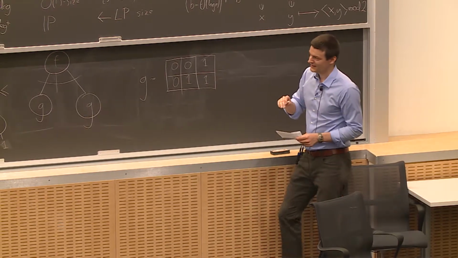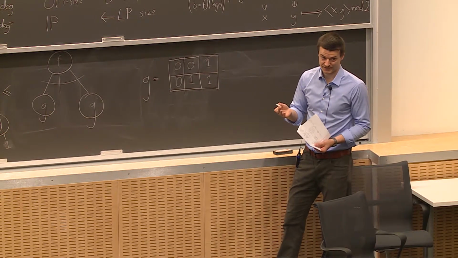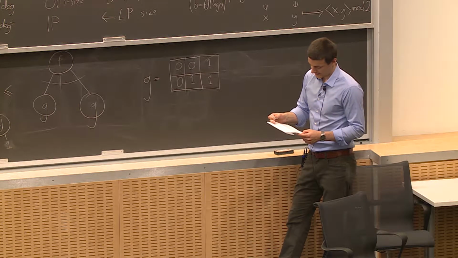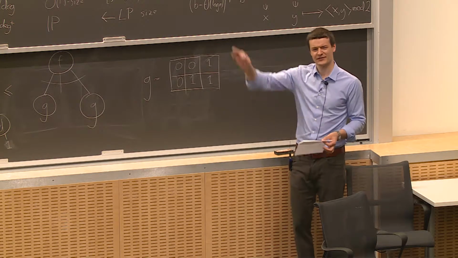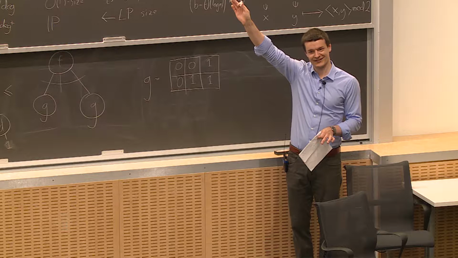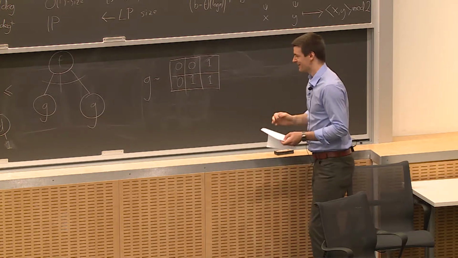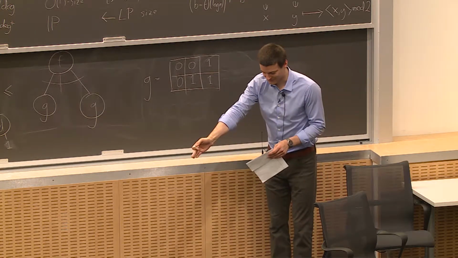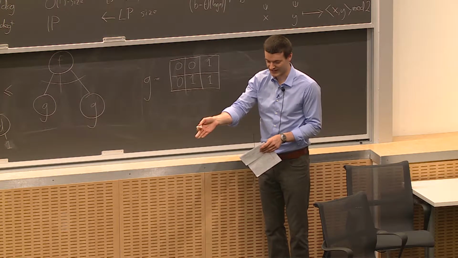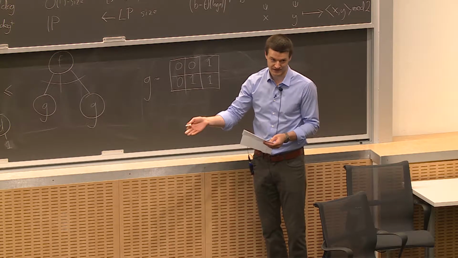And that's an application to the log rank conjecture. So who has heard about the log rank conjecture? Okay, wow. I'll mention it briefly. Is deterministic communication polynomially related to log rank of the Boolean matrix?